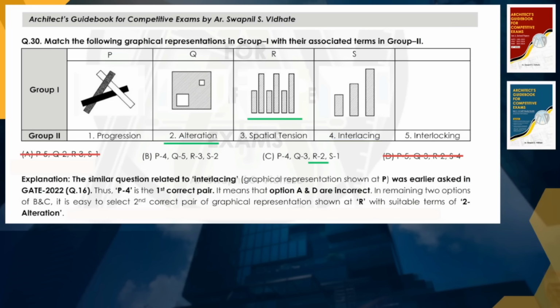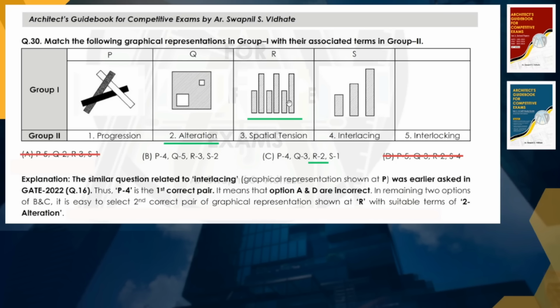In the remaining two options, B and C, it is easy to select the second correct pair of graphical representation shown at R. Now, what does this graphical representation at R show? It shows the alteration, right? There is an alteration of the particular rectangle of one height, then alternatively the bigger rectangle, then again the smaller rectangle.